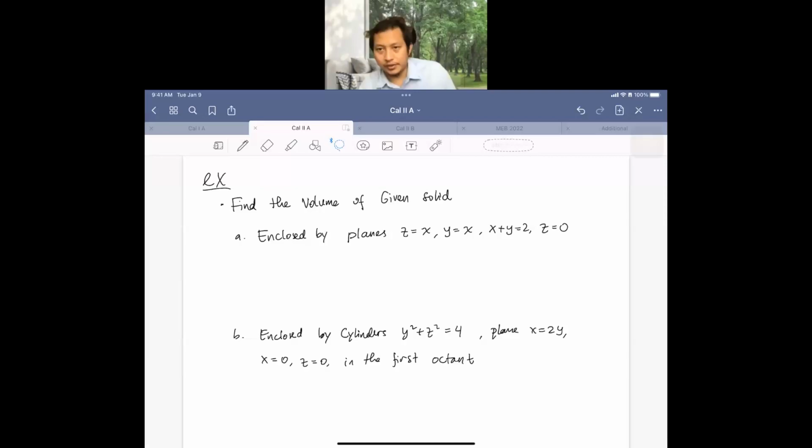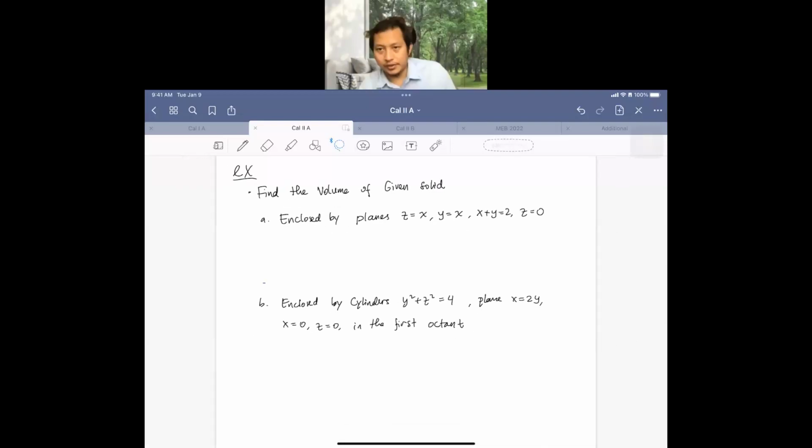You don't really need to draw the 3 dimensions part, but the projection is the one that we are focusing on.